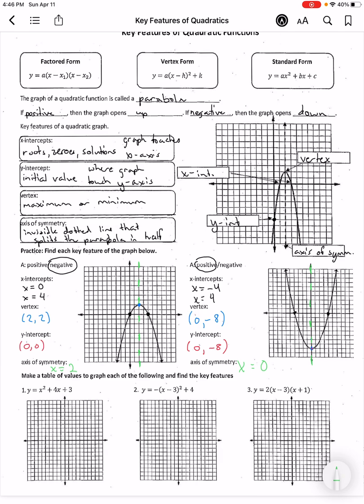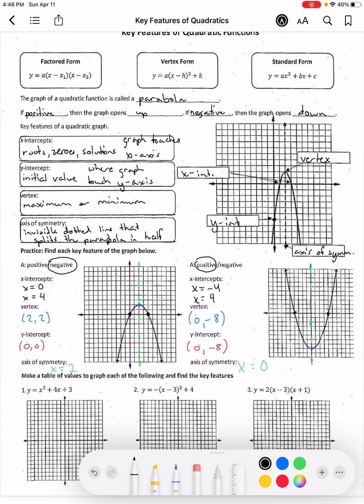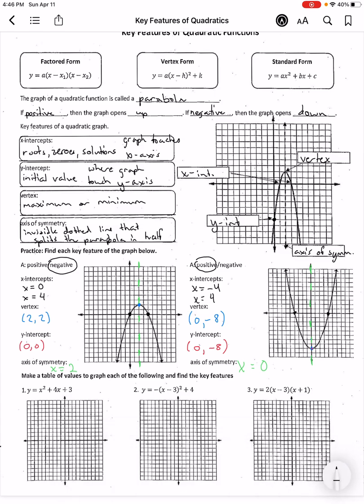So if you've graphed x squared plus 4x plus 3, and I'm going to switch over to black here, you're going to see that the vertex is at (-2, -1), and that our zeros are here and here.